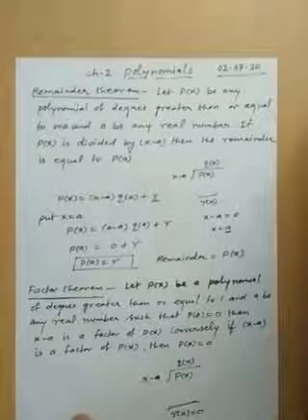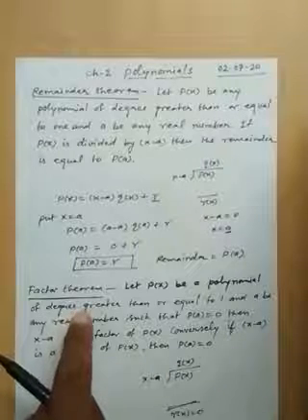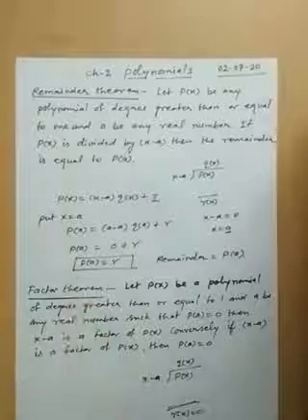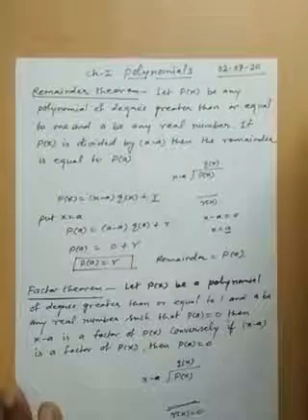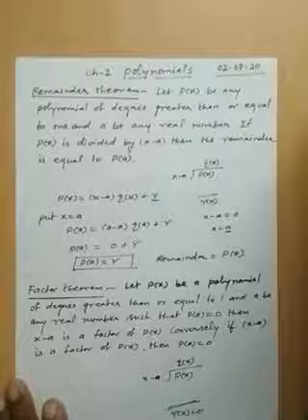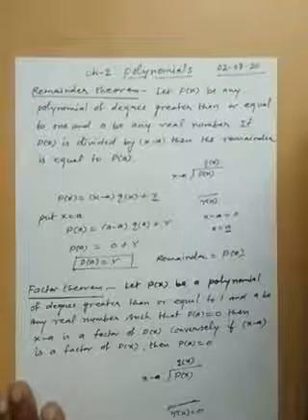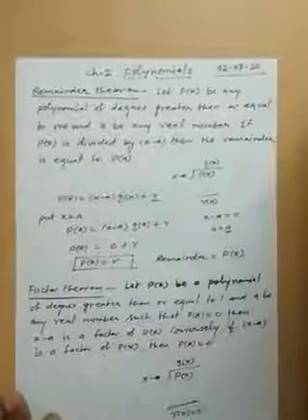Next, the factor theorem. In the factor theorem, the remainder must be 0, because if a polynomial is divisible by another polynomial and the remainder is 0, then it is a factor.